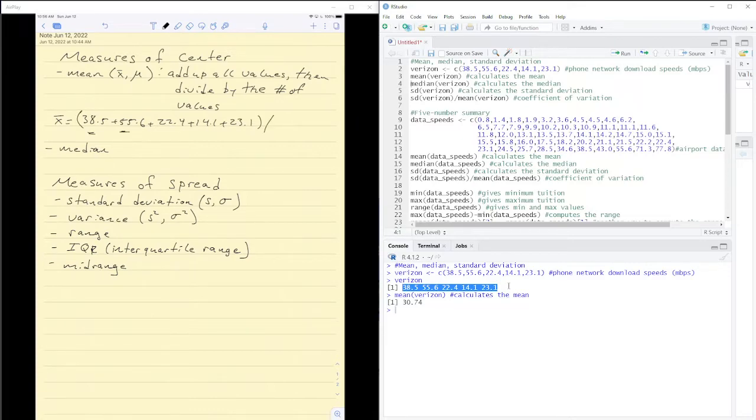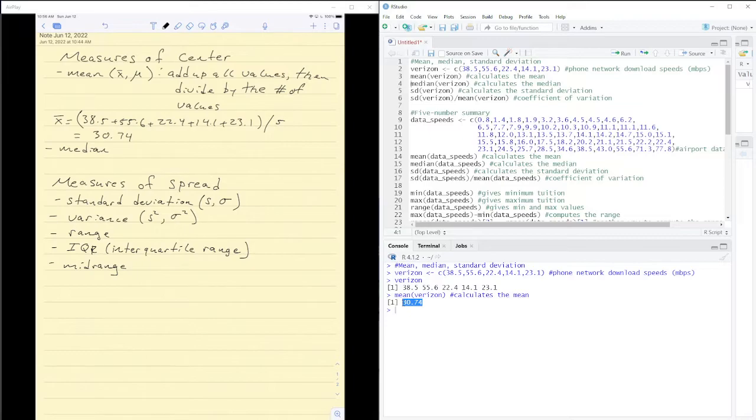So there's 1, 2, 3, 4, 5. So we're going to divide that by 5. And that is how we get the mean. So this all equals 30.74 here.